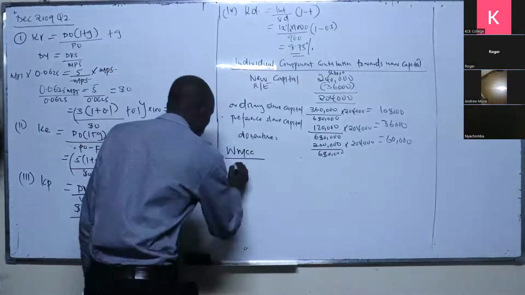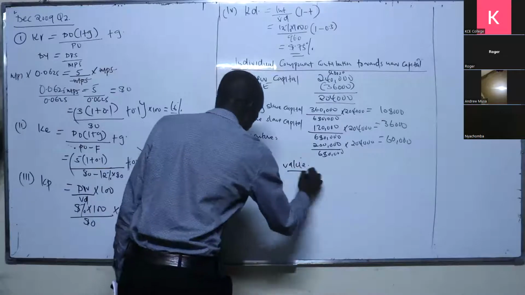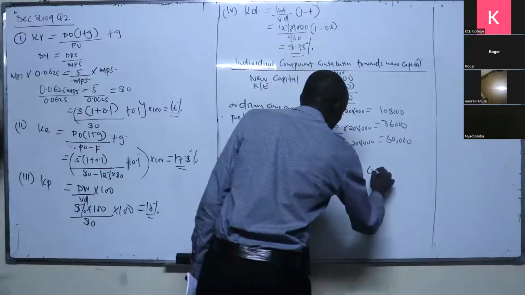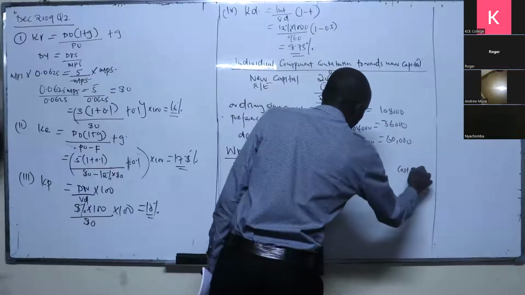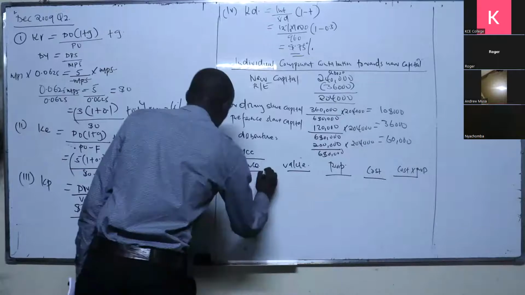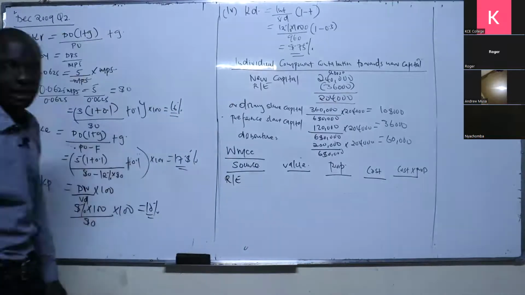So here we're going to write source, value, proportion, cost times proportion. You get this way, isn't it? So the first one is retained earnings. I'm just writing RE. I hope you'll understand, isn't it?